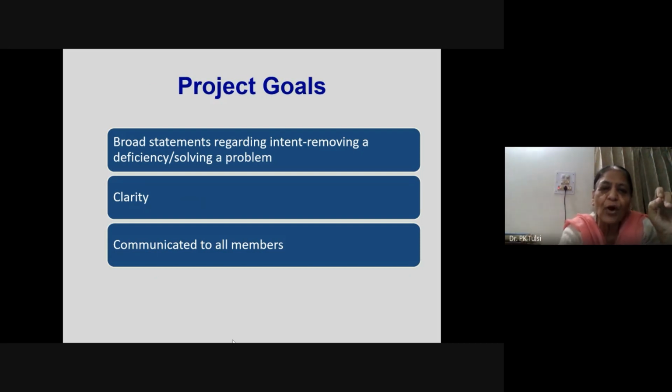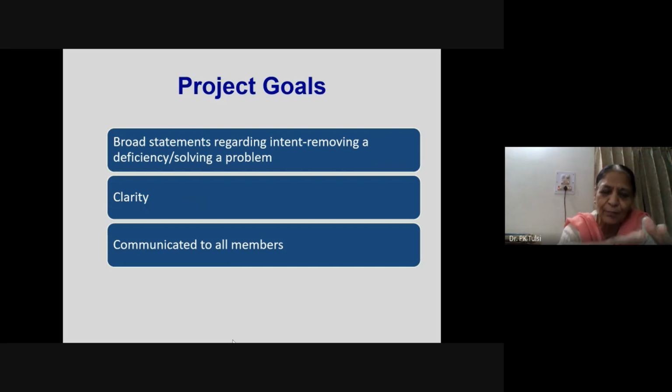These are broad statements regarding the intent. That means if a need is there, you fill that need. If there is a deficiency, you remove that deficiency. Or in terms of a problem, you solve that problem, right? So it is a broad statement regarding the intent of the project.